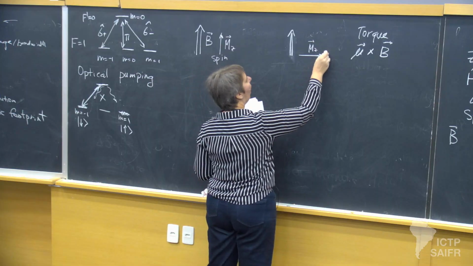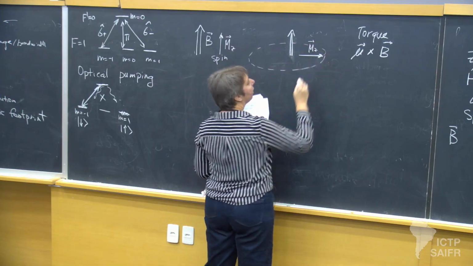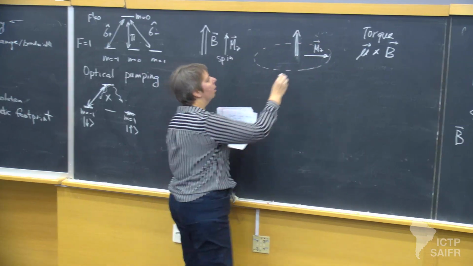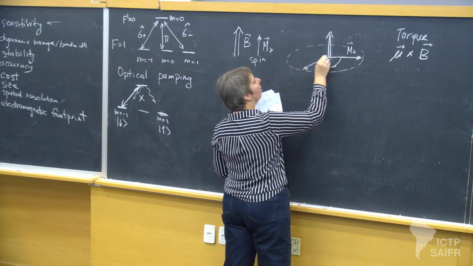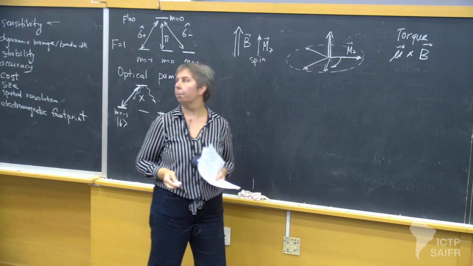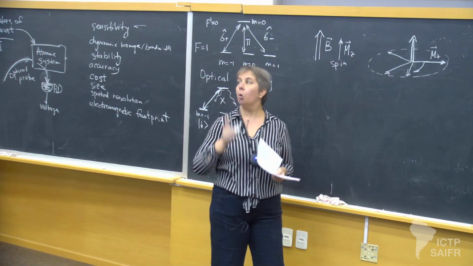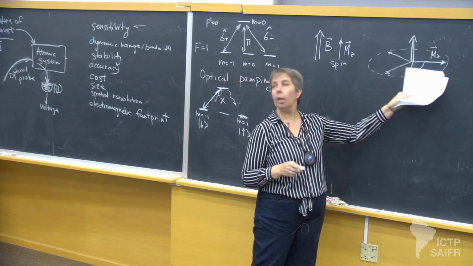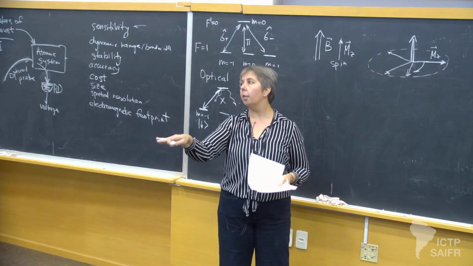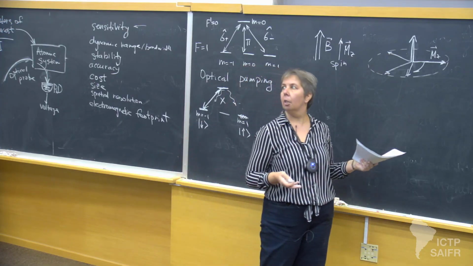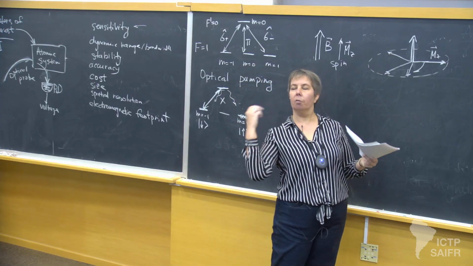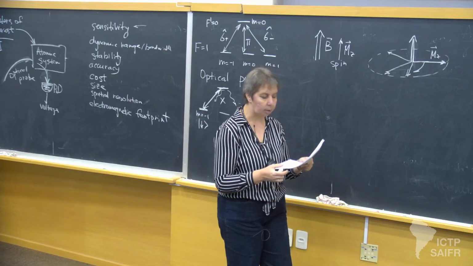So what is going to happen is that, at least until anything decoheres, this magnetization will start rotating around the magnetic field. It's true that if you don't have initial magnetization and you apply the longitudinal field, it will prevent it from being created. But if you already created one, the first thing that is going to happen is that it starts rotating, all right?